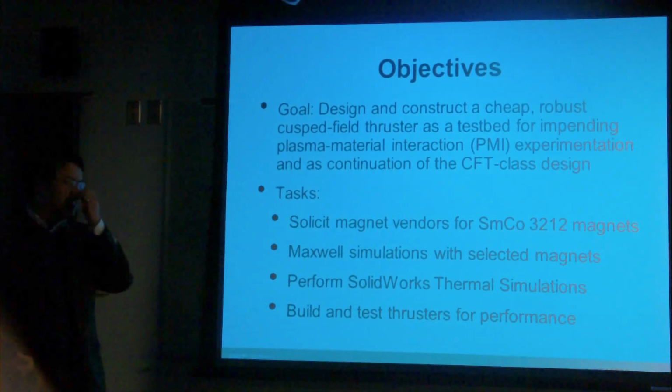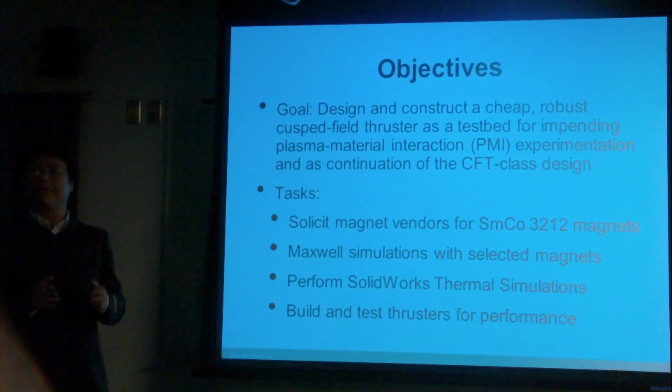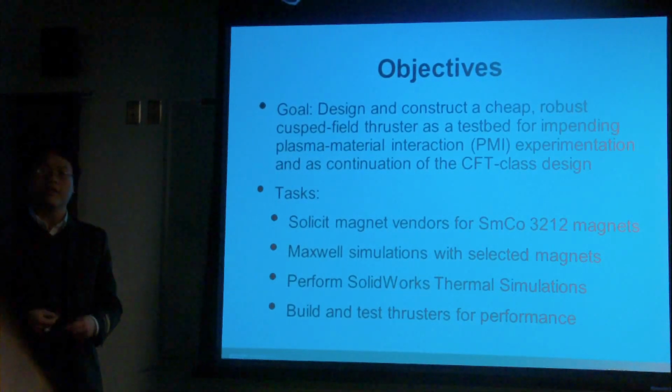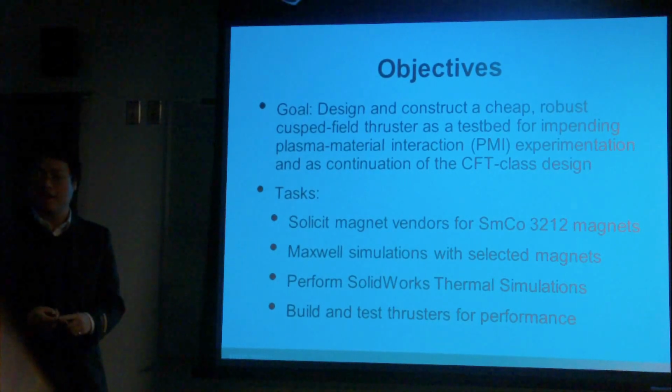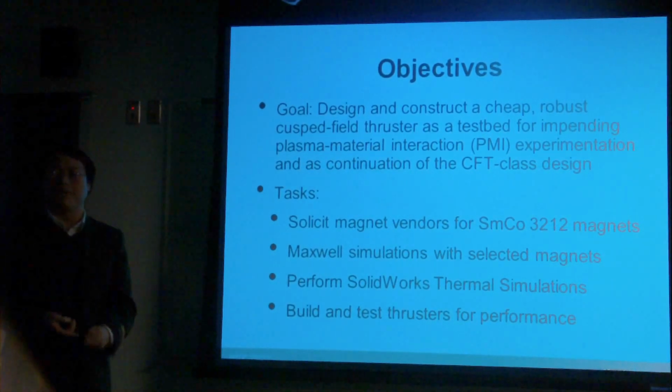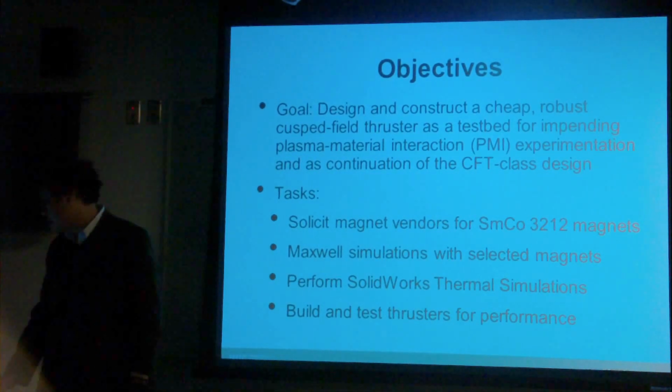In this presentation, I'm going to go through the methodology that I used to create this new thruster. There are a lot of lessons learned from the DCFT model, as well as work done by a European student named Joe Conti, who also performed work last summer and came up with his own design.